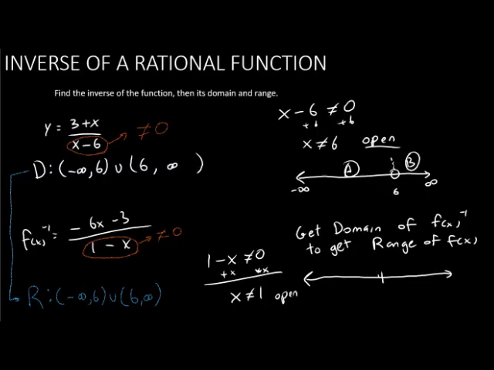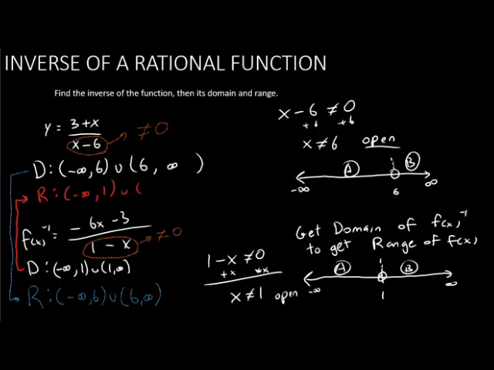We'll place an open circle in that position and split the number line into piece A and piece B. This will give us a domain of the inverse of negative infinity to 1, union 1 to infinity, because we have to remember to put the infinities on the number line. This means that the range of the original function will also be negative infinity to 1, union 1 to infinity.